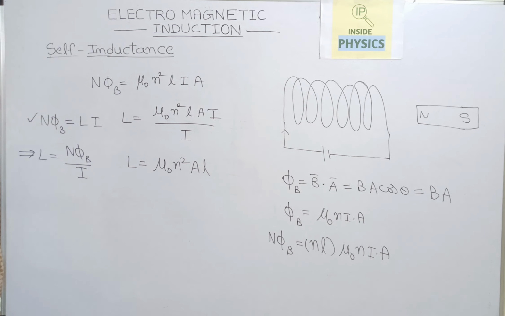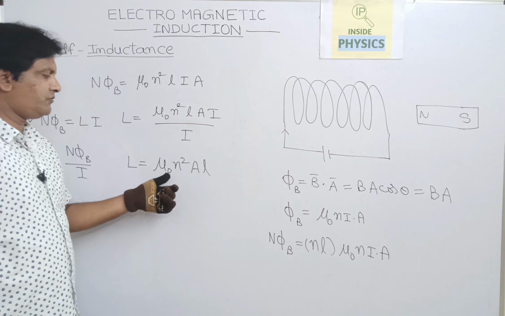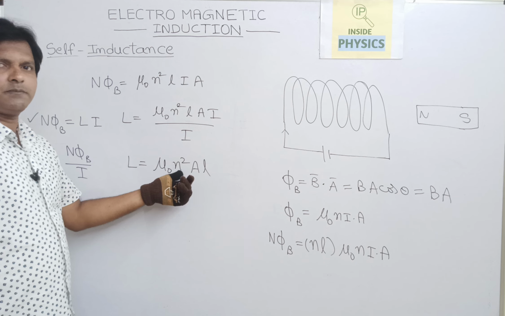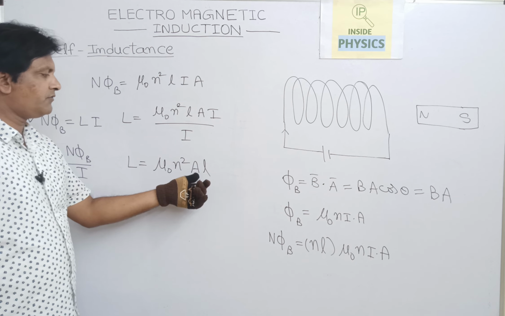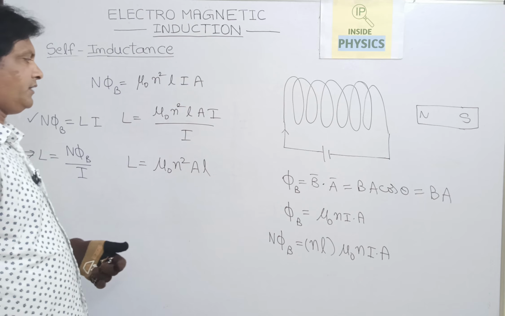So this is the formula for self-inductance of a solenoid, where mu naught is the permeability of free space, N the number of turns per unit length, A the area of the loop and L the length of the coil.